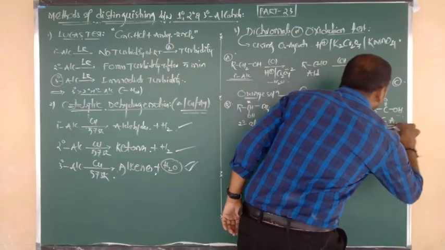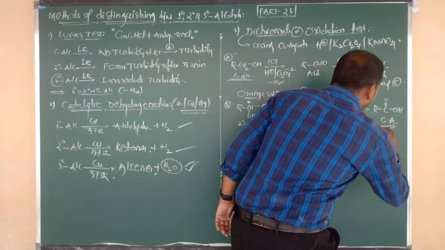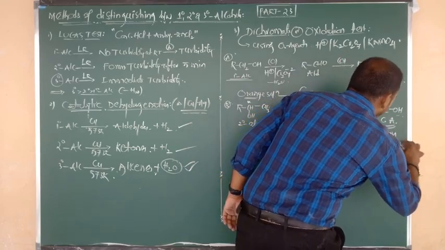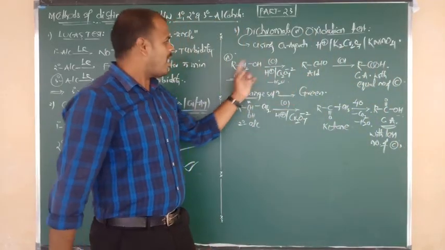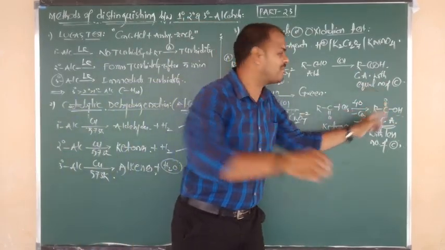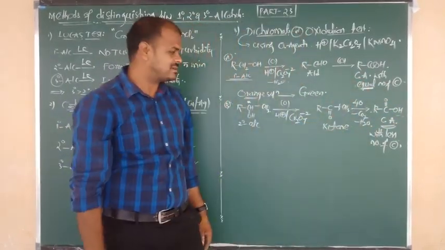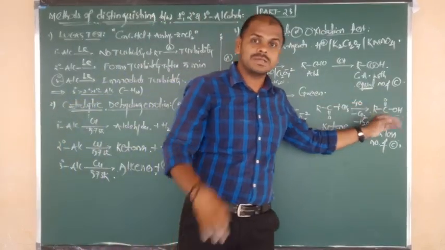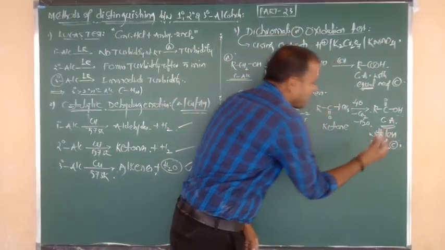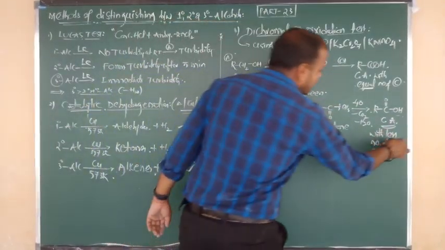So here we are getting carboxylic acids with fewer carbons. What about aldehyde? Aldehydes upon oxidation give carboxylic acids with an equal number of carbons. This is an important point. Ketones upon oxidation again give carboxylic acids, but with fewer carbons. This is an important point here.